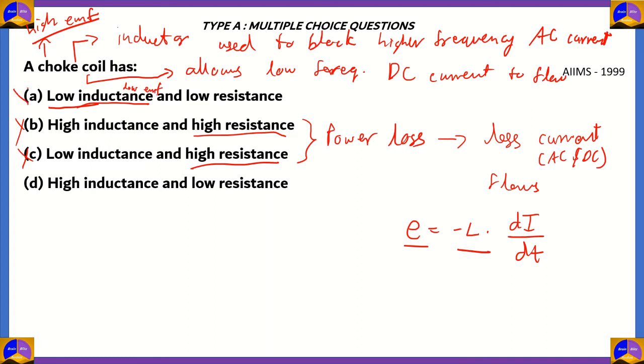So option A is also incorrect. The right answer is option D, high inductance and low resistance. The high inductance means that there is a high amount of EMF which blocks the higher frequency AC current, and the low resistance allows lower frequency DC current to flow through the choke coil. Option D is the right option.